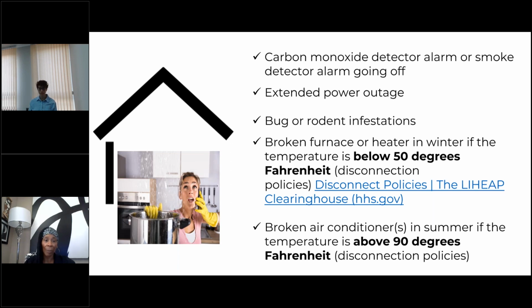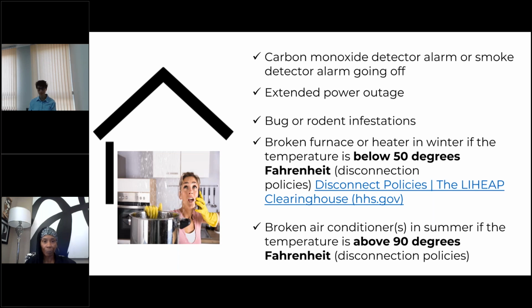There are certain laws that protect them during the winter and summer months when utilities cannot get disconnected. So just FYI, I want to add that caveat. Broken air conditioning in the summer: again, the two examples you see are for the state of Missouri. So again, this information will be provided and you can look up your state to see the temperature levels for winter and summer.